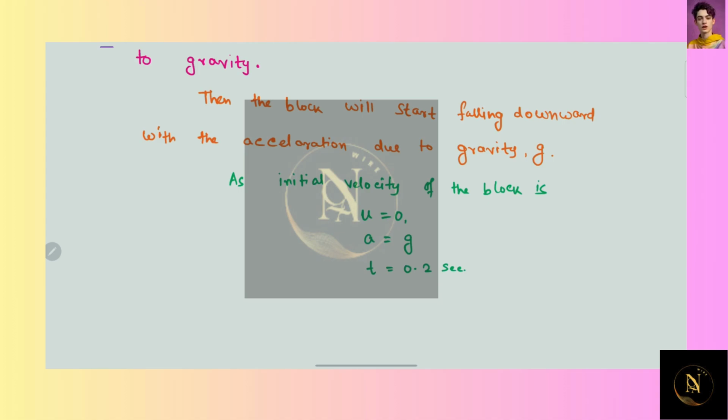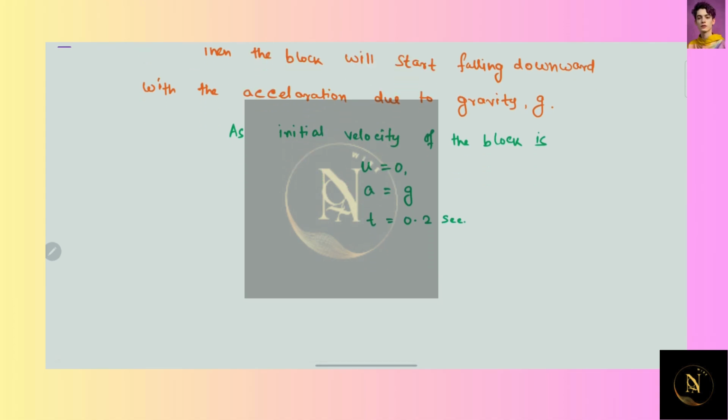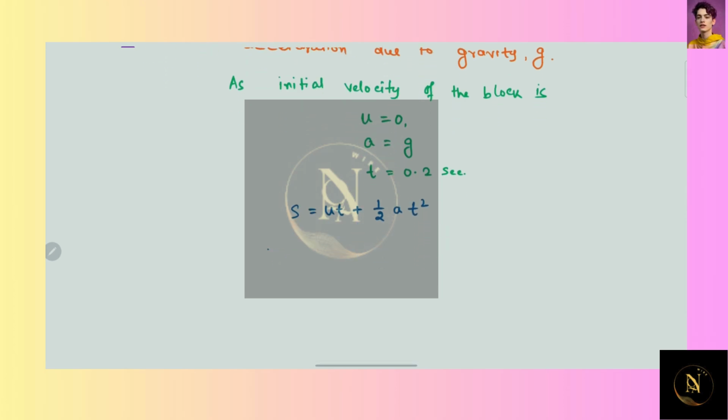So we can use the equation of kinematics, that is s equals u t plus half a t square. Putting the value of u, we get 0 plus half into a, where a is g, I can take it as 10, into t square, that will be 0.2 whole square.